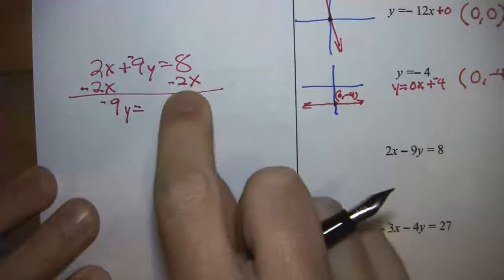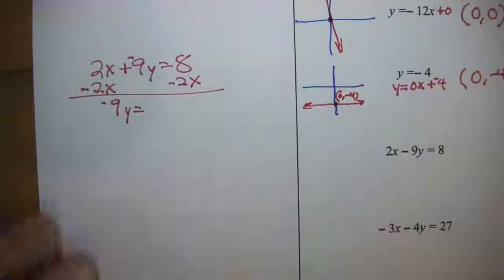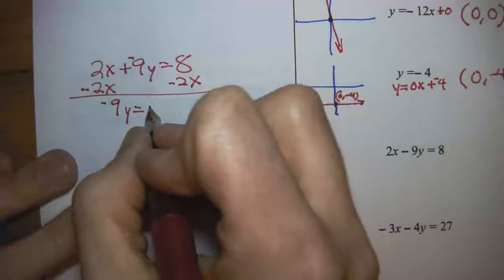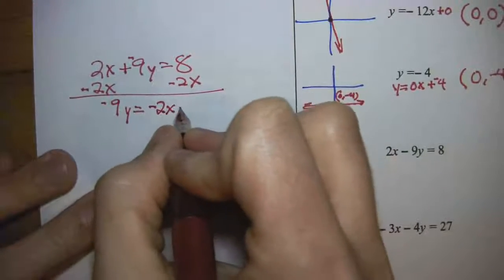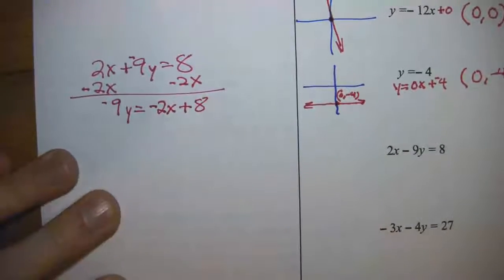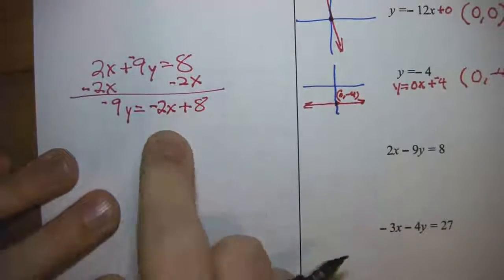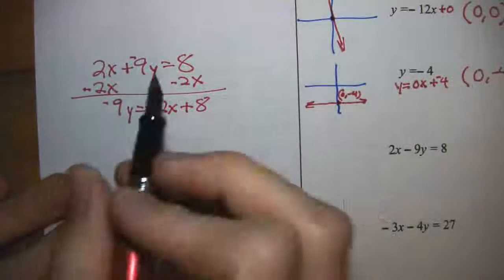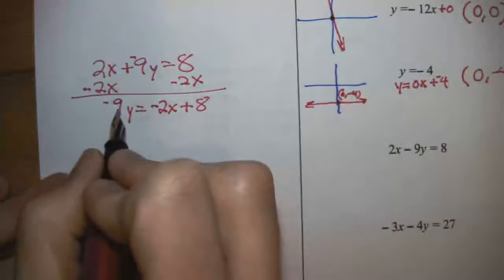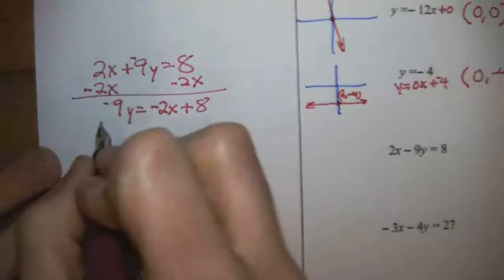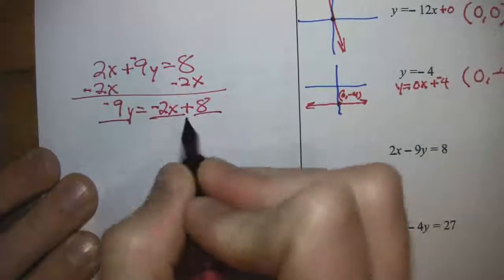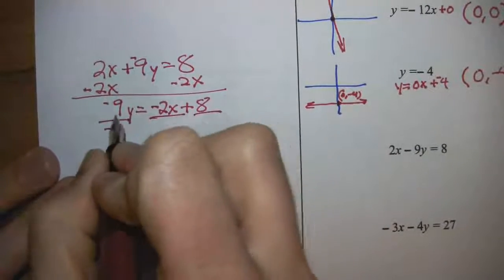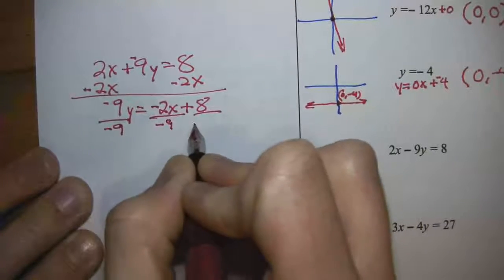Over here, I can't actually subtract 2x and 8 because they're not like terms. So I'm just going to write it as a negative 2x added to a positive 8, just to show that I've got that work to do, but can't do it yet until I know what x is. All right, last step. I've got to get rid of this negative 9. It's being multiplied by y, so I'm going to divide everything by the negative 9 to undo that multiplication.